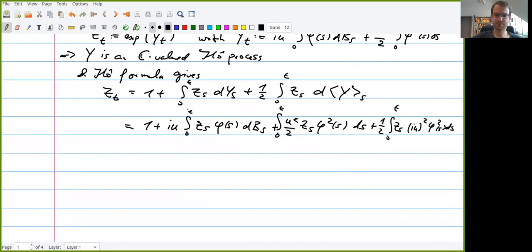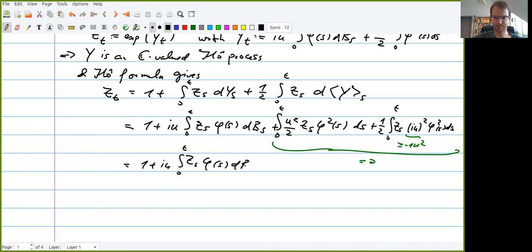So this is nothing else than minus 1, right? i to the power 2 is minus 1 squared, so these two terms here cancel. Cool. So this is nothing else than, just to write it once again, u times the integral of Z φ dB. Okay.